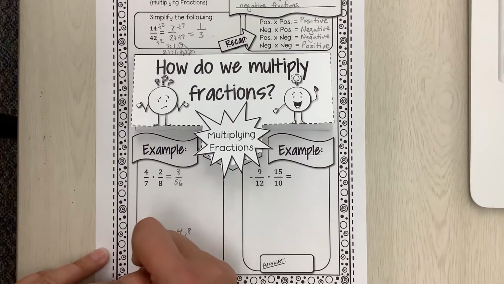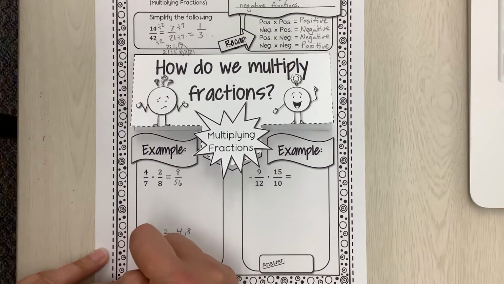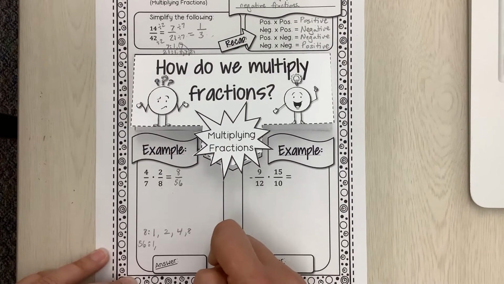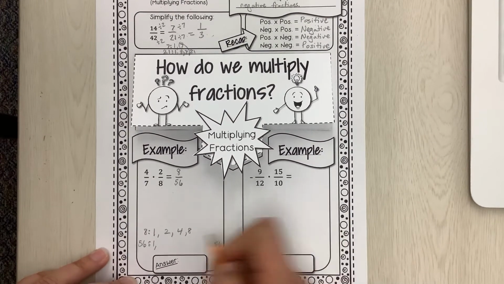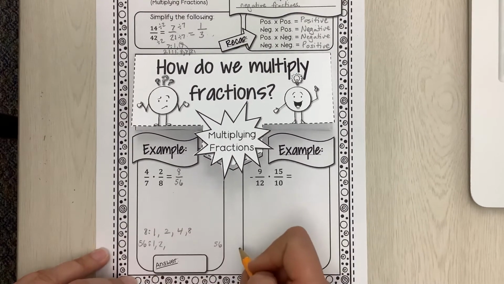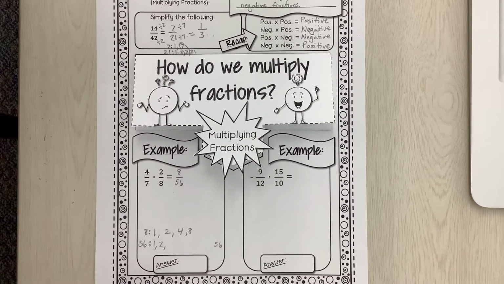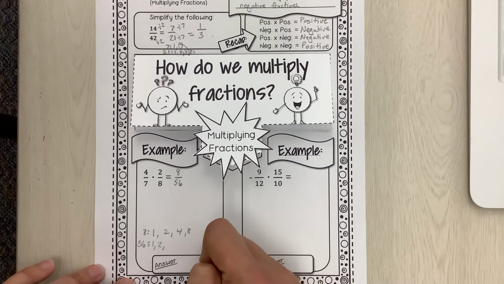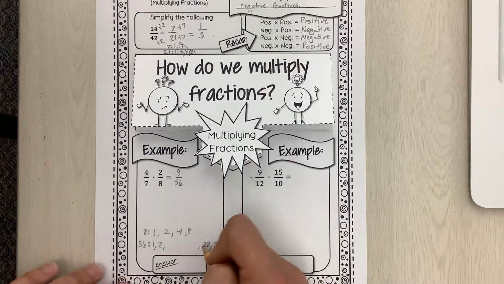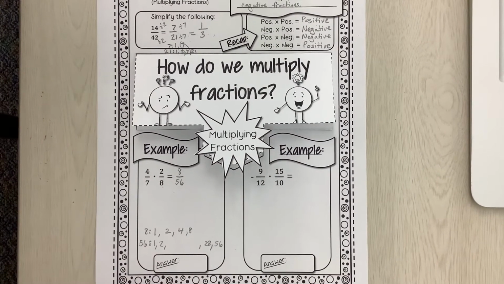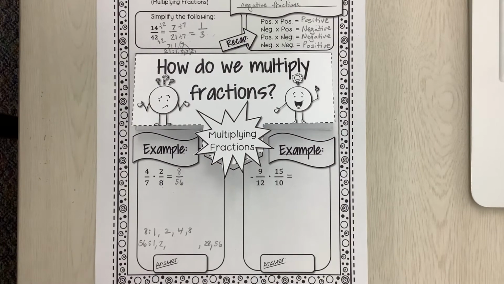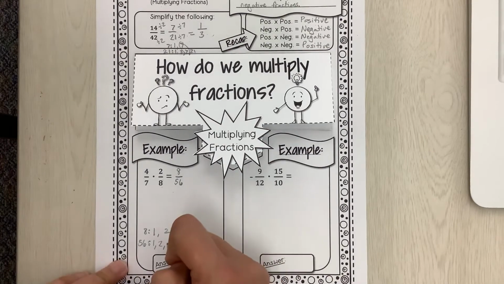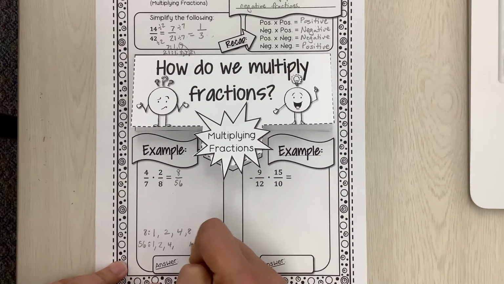Let's try the factors of 56. 1 times 56, 2 times, 56 divided by 2 is 28. Let's see if 3 works. 56 divided by 3. No, let's try 4. 56 divided by 4. Oh, 4 times 14.